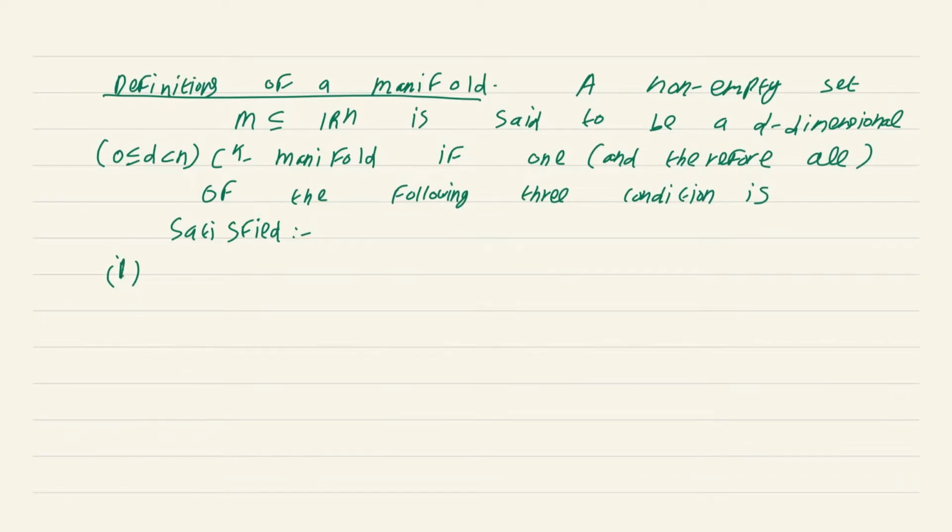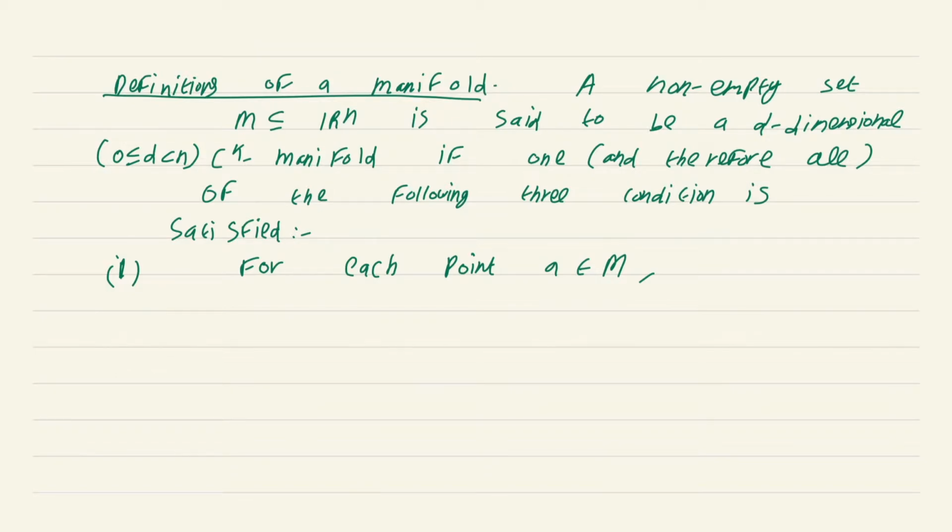So the first condition is for each point A in M, we can express M as a graph near A. We have to make that precise, and this is going to look like somewhat extremely overly complicated notation. The reason why I'm going to use this notation is because a graph just means that some variables can be expressed as a function of the other variables. I want to make that precise once at least, and after that we will generally not be so extremely pedantic.